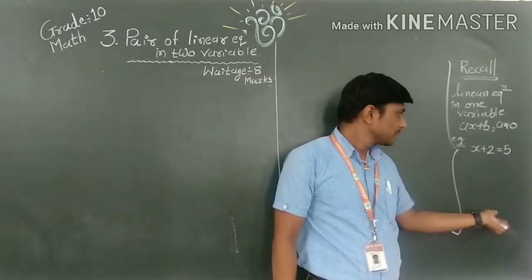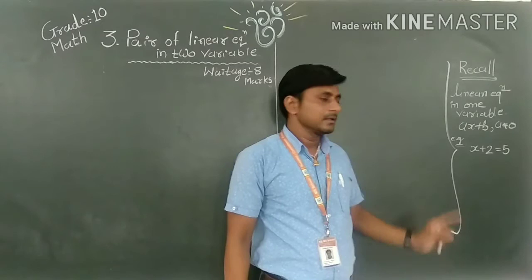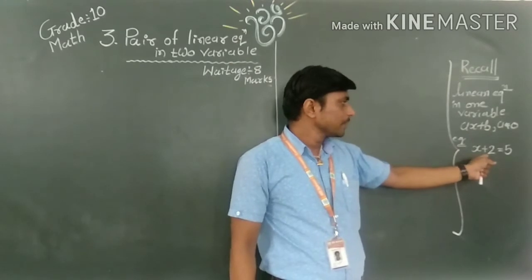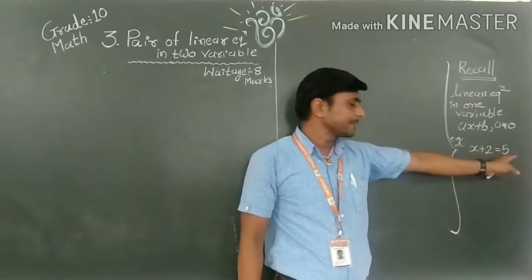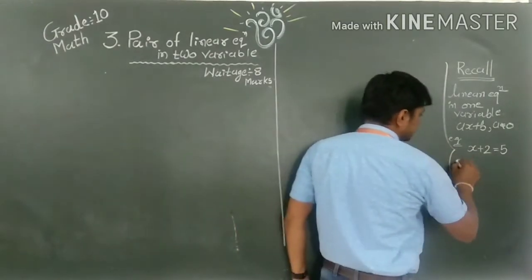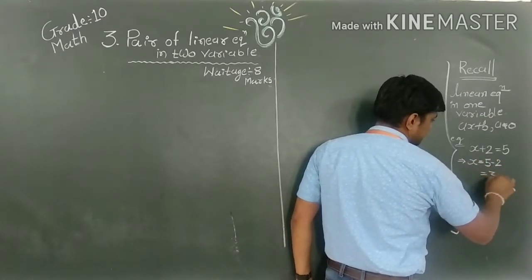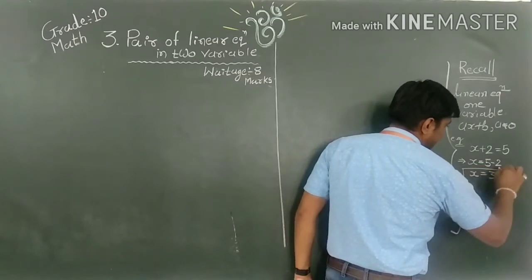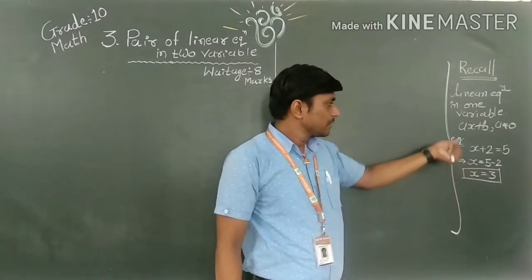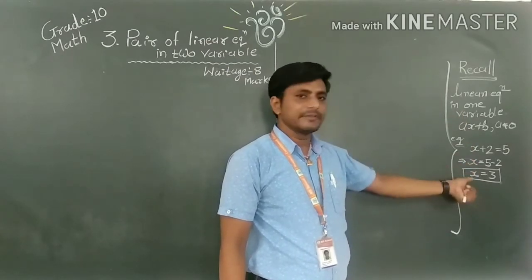We transpose 2 to the other side and subtract: 5 minus 2, therefore x is equal to 3. It's a simple one variable, one equation, and we find the value of the given variable.